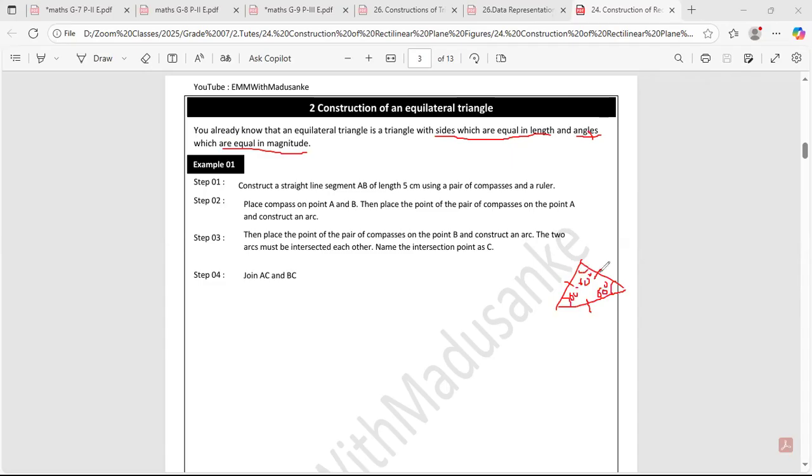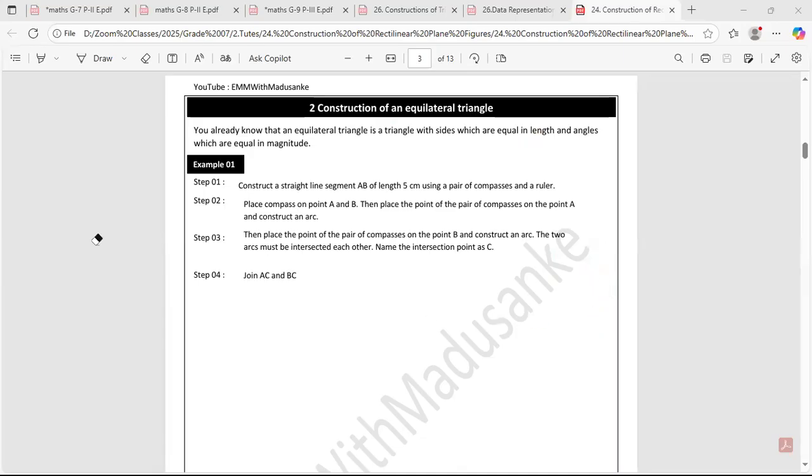If the length of this side is A, the other sides are also A, with angles 60, 60, 60. So this is called an equilateral triangle. Now let's see how to construct an equilateral triangle step by step.